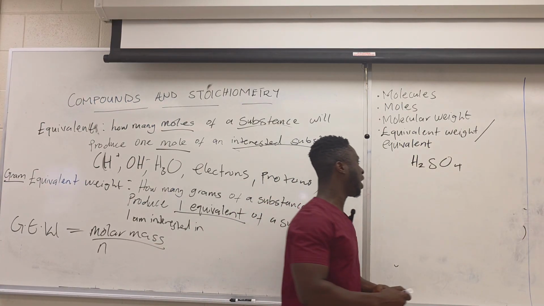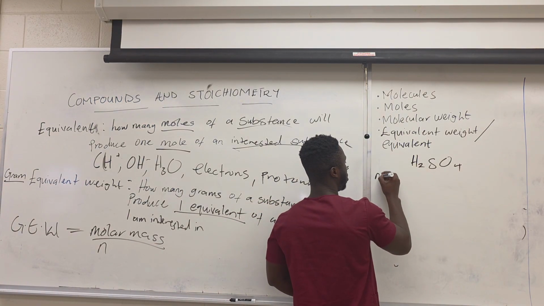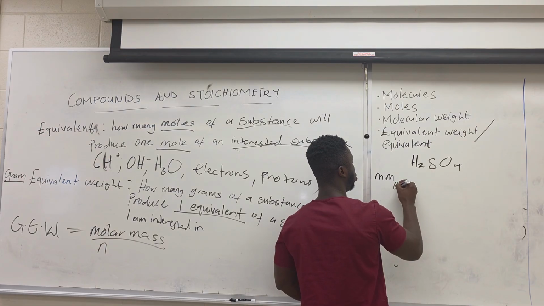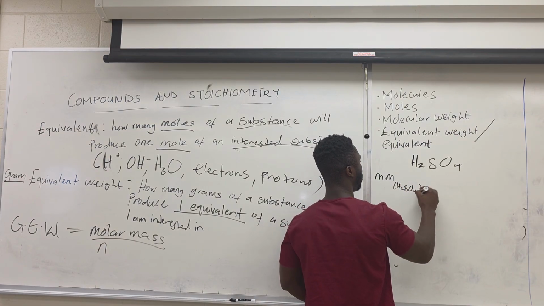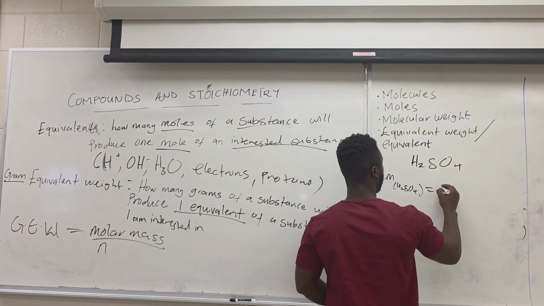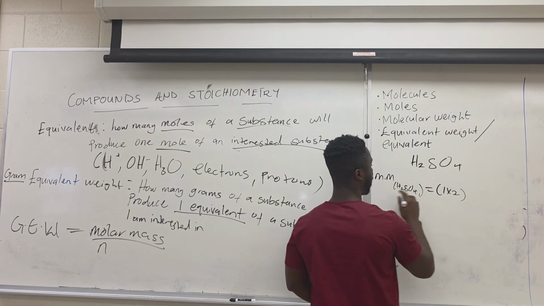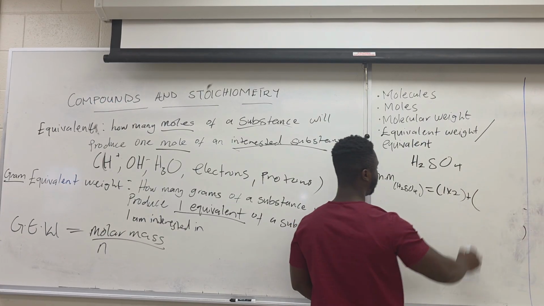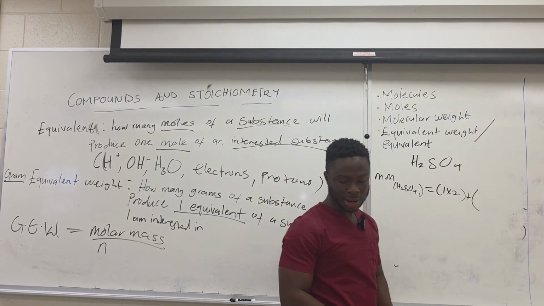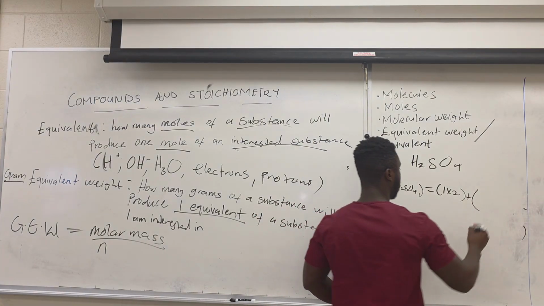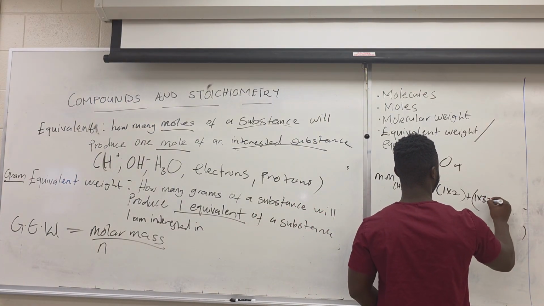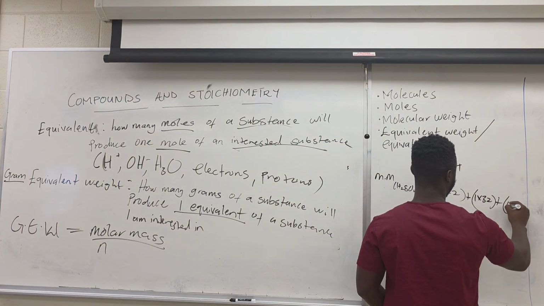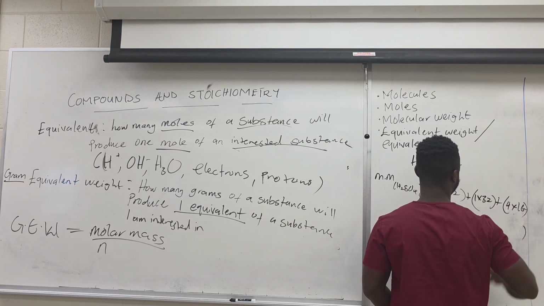So the molar mass of H2SO4 would be 1 times 2 for the hydrogen, plus 1 times 32 for sulfur, plus 4 times 16 for oxygen.